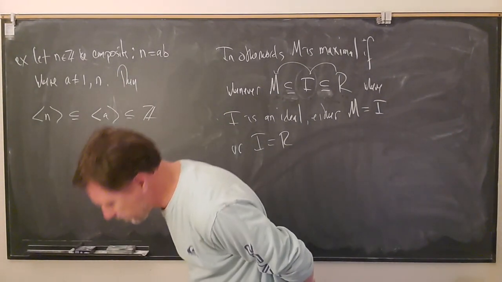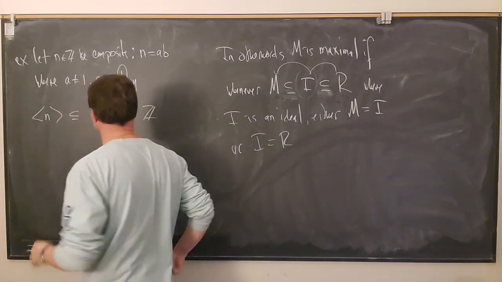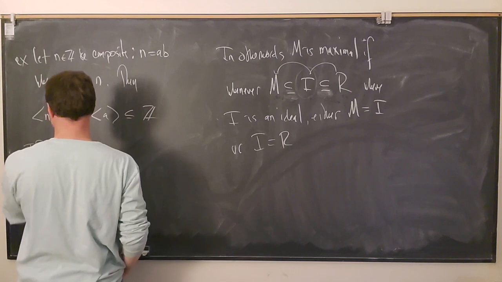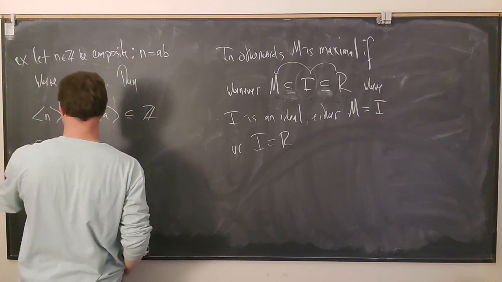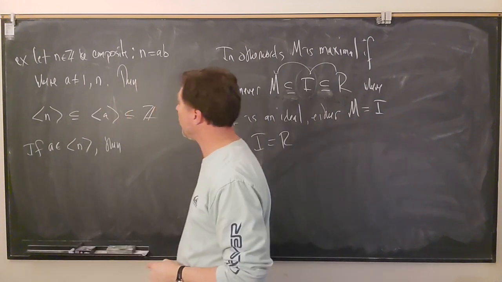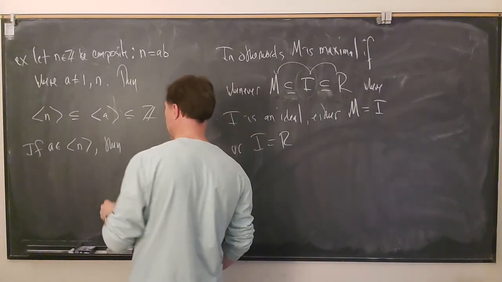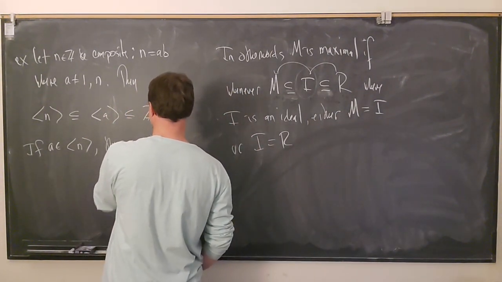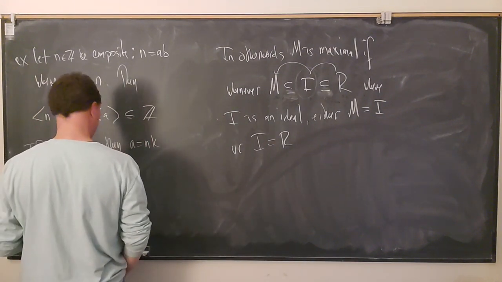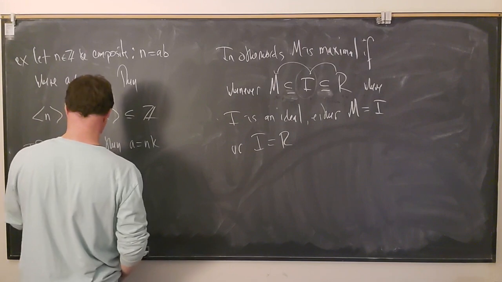So let's see. What if this went the opposite direction? If A was an element of the ideal generated by n, what would that mean? It would mean that A is a multiple of n. So then A is equal to nk for some integer k.